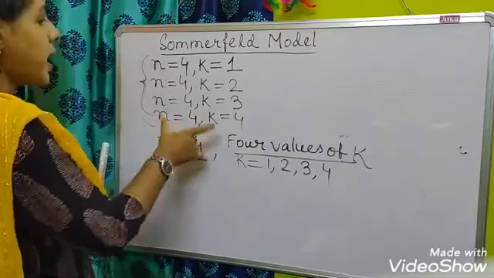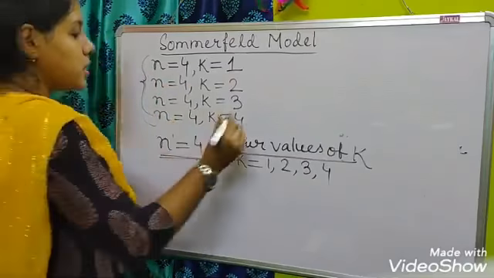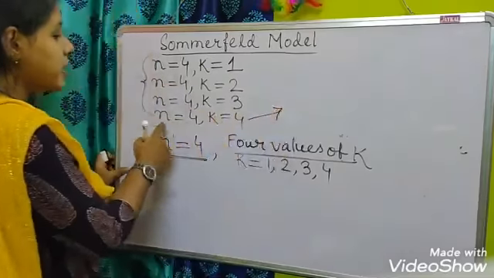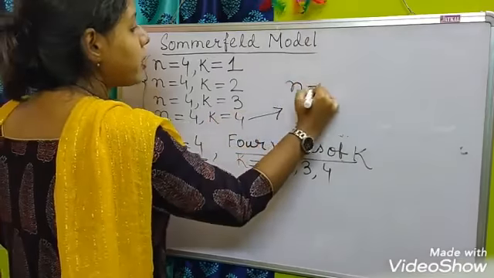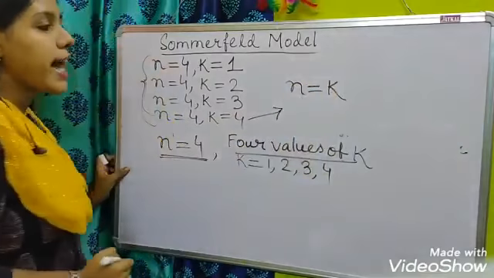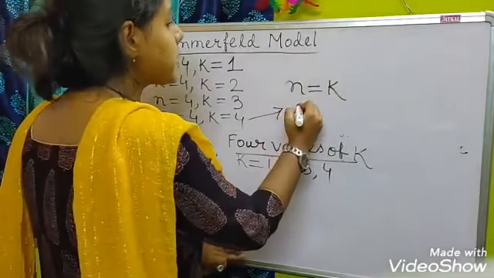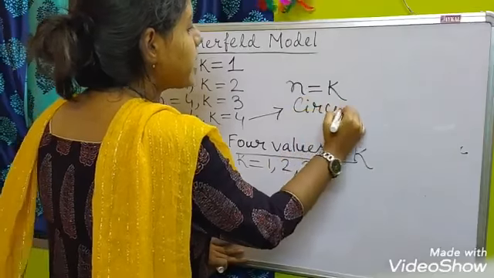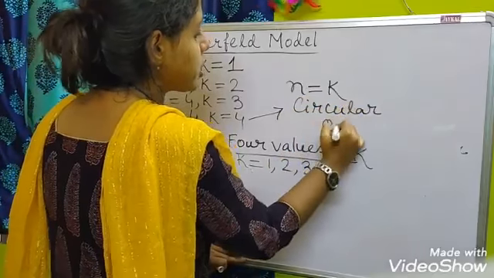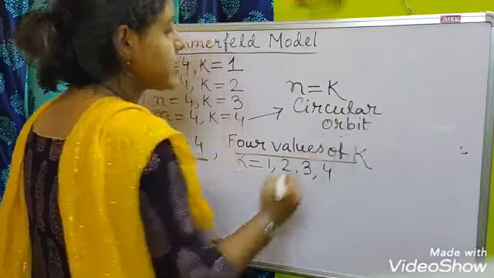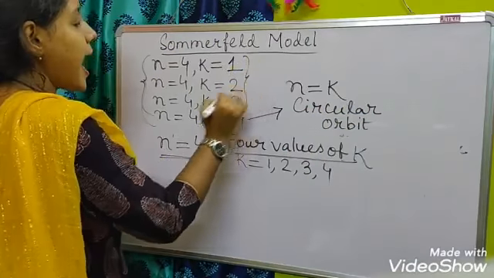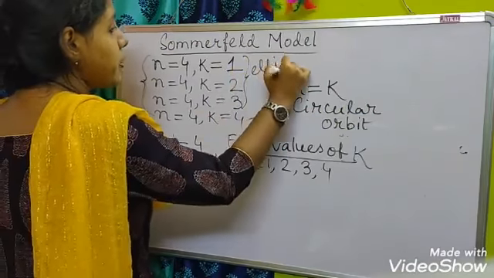Now the last one, you can see that the values of n and k are equal, both of them are 4. So that means here it is a circular orbit, but the other 3 are elliptical orbits.